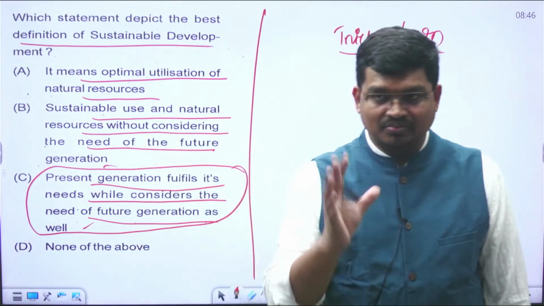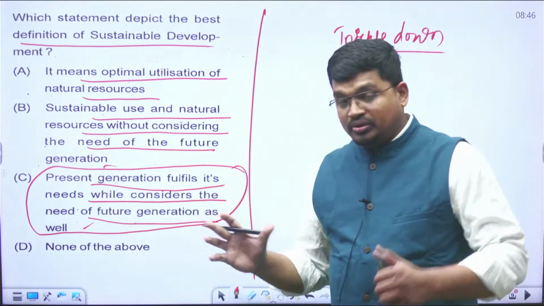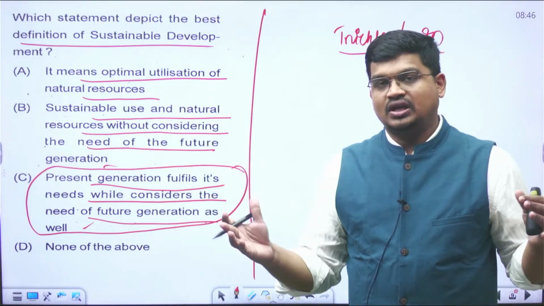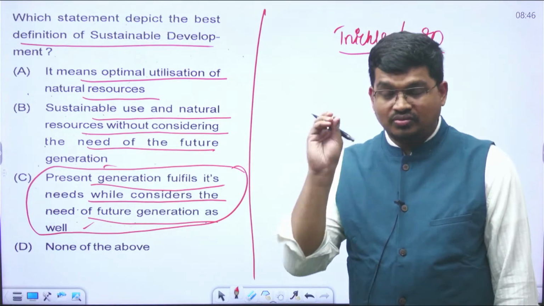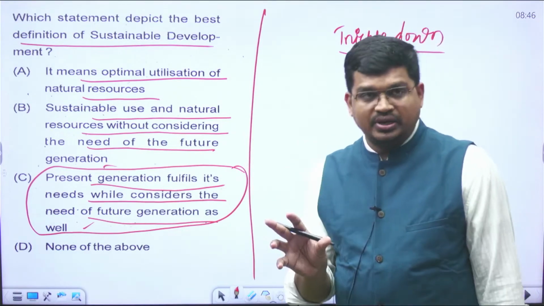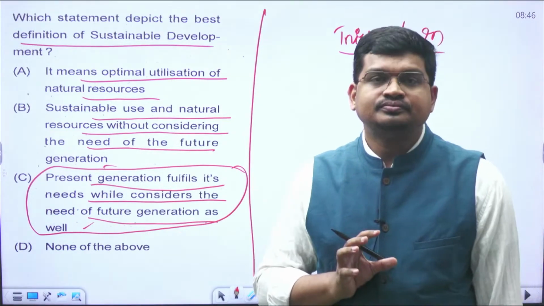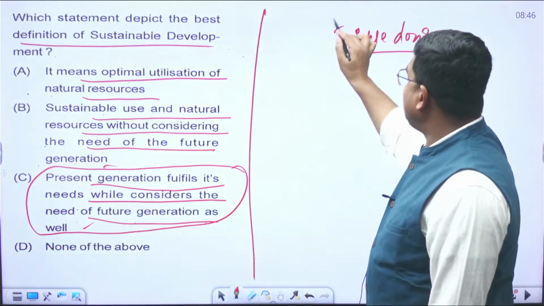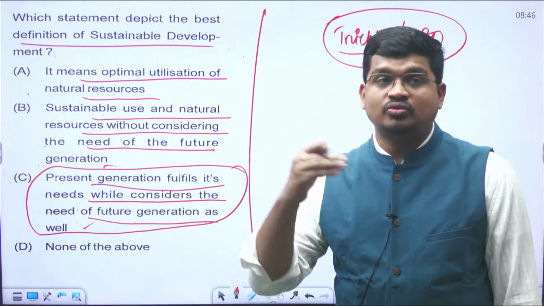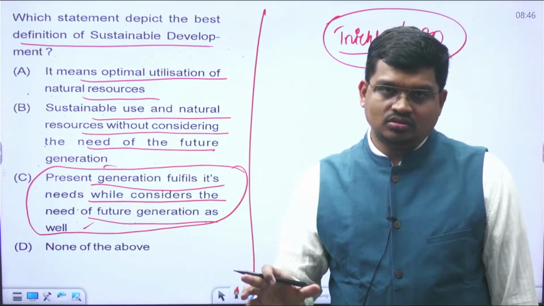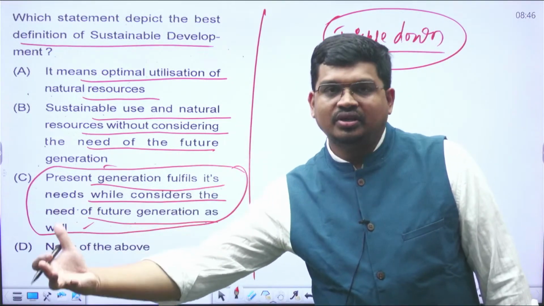Let me simplify it for you. As economic growth increases, the government will get funds or revenue from that growth and will spend it for the welfare of the people. That was the trickle-down theory. First we achieve economic growth and automatically it will be redistributed.